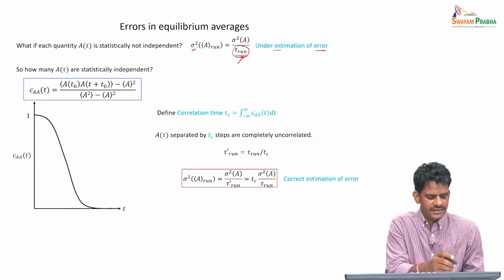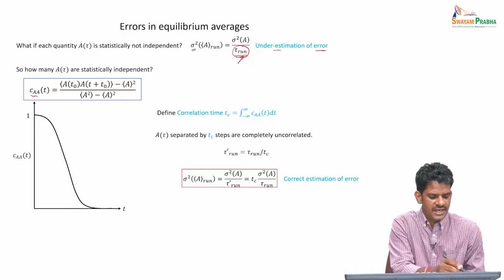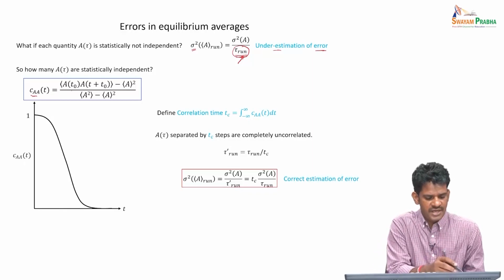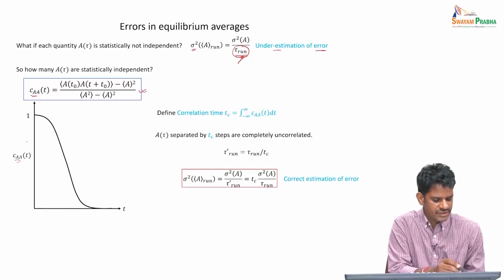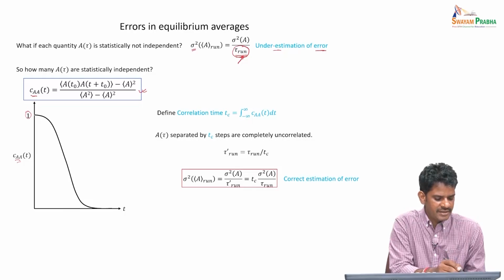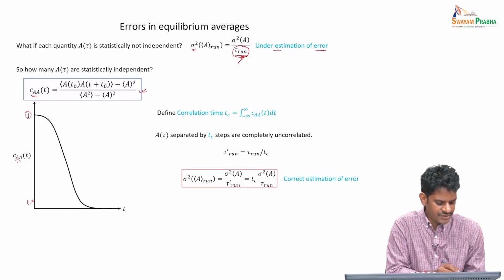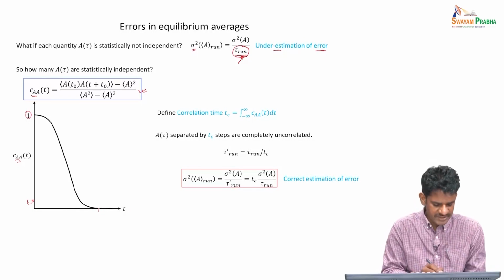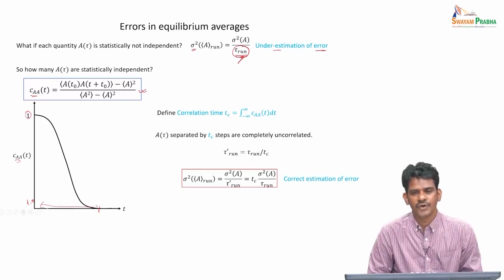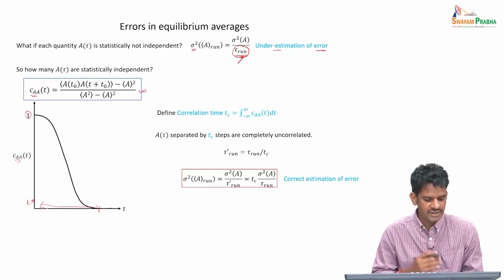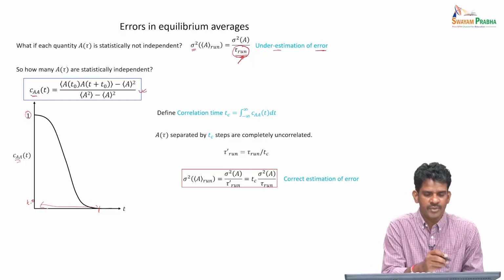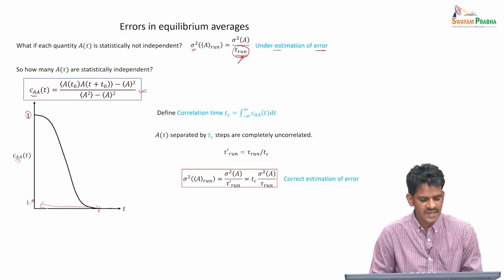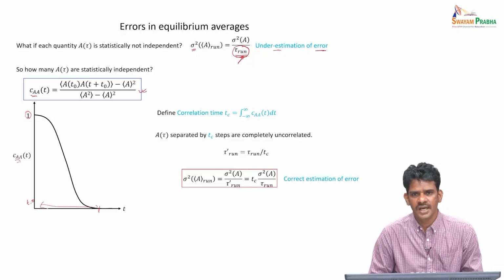You may recollect that we looked at the correlation function C_AA, defined as the autocorrelation function of A by this expression. If you plot it, you will see that it is highly correlated at delay time t equal to 0, and then at very long times it goes to 0. This tells us the amount of time over which the data are correlated, for a particular property A, which can be velocity, energy, etc.